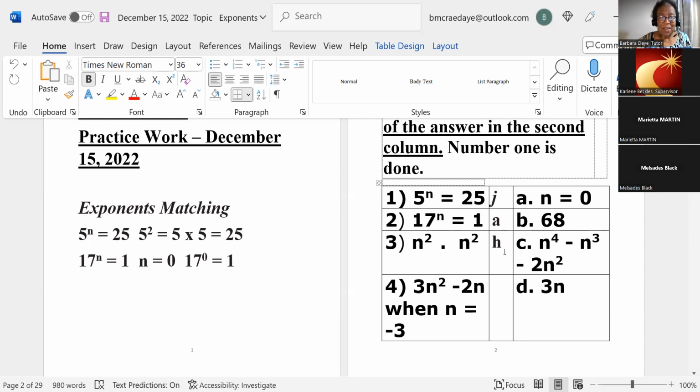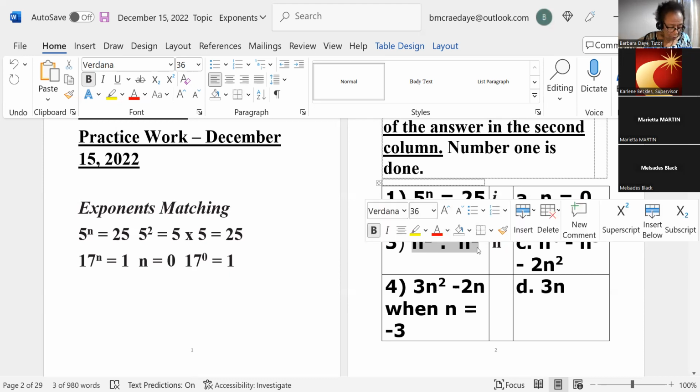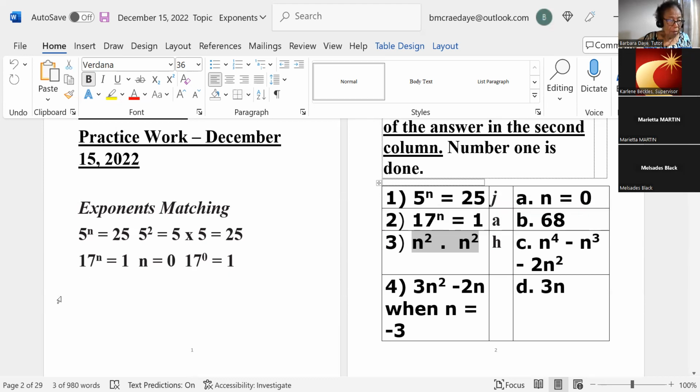All right. Can you write them out the same way on the other side too? Just like we did number 1 and 2. Let me just copy this and put it over there. So n to the second times n to the second, and that's multiplication, and that means you add the powers.